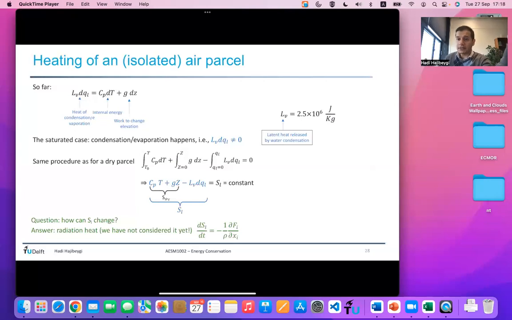Radiation is another form of heat exchange. So change of SL, change of your energy in the wet system, the system that has latent heat of condensation or evaporation, will take place if you also have radiation in the system. If you radiate heat into the system, you can then change its entire energy.